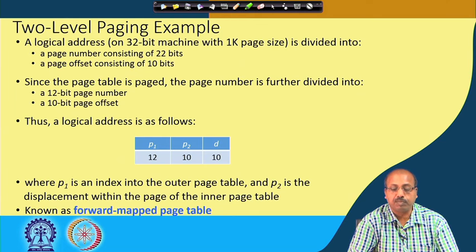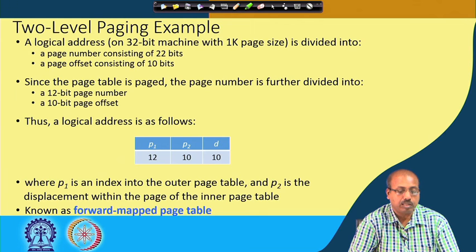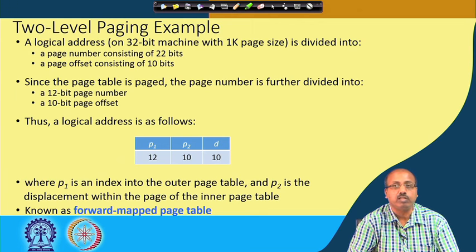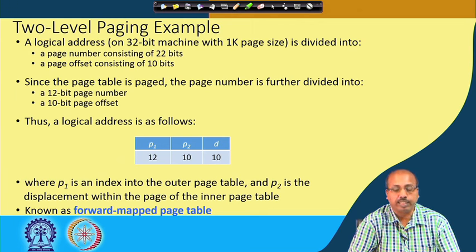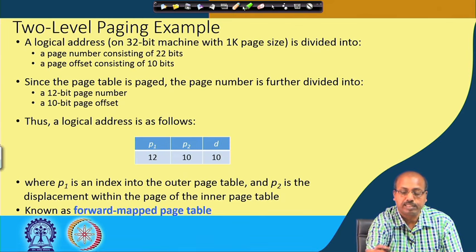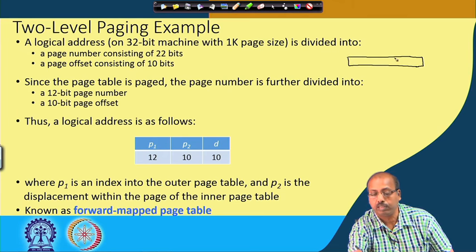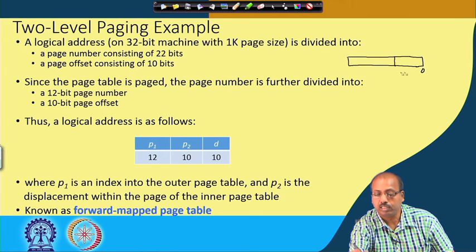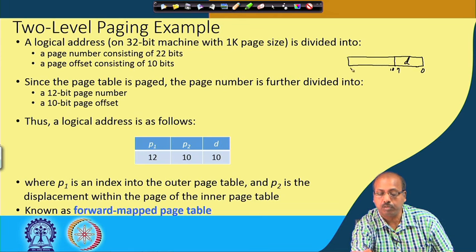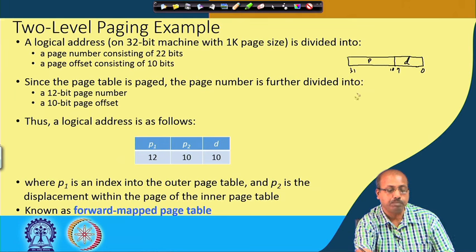A page will consist of 2 power 10 entries, or 1k entries, so the page offset will have 10 bits, and the page number part will take 22 bits. As we were discussing previously, the 32 bit address is divided into 2 parts. One is the 10 bit offset, bits 0 to 9. This is the offset part D, and bits 10 to 31 are the page number part P.